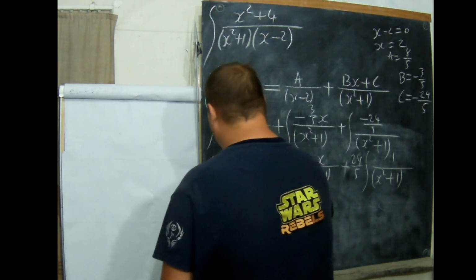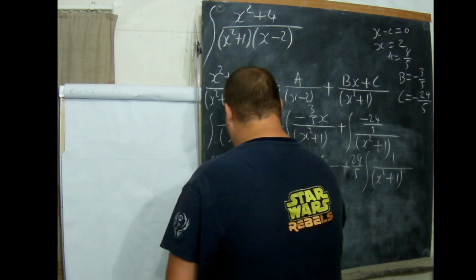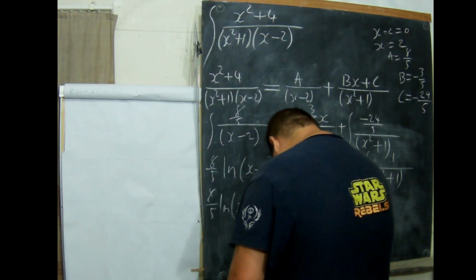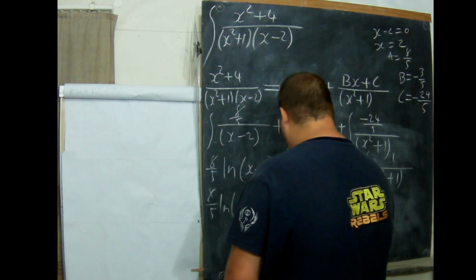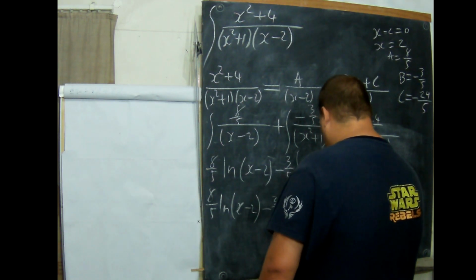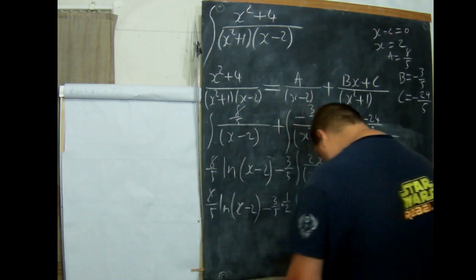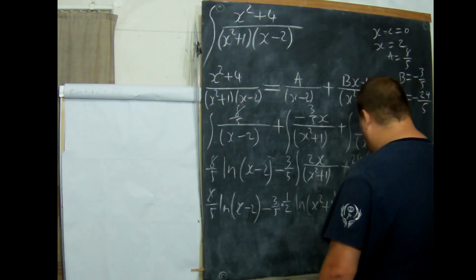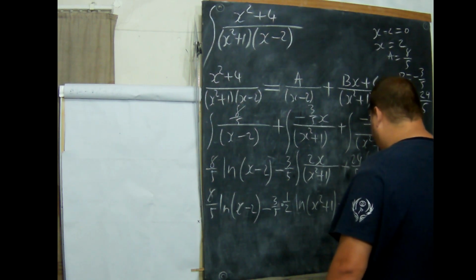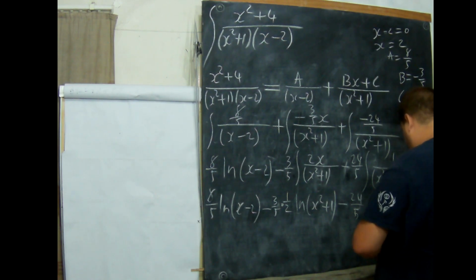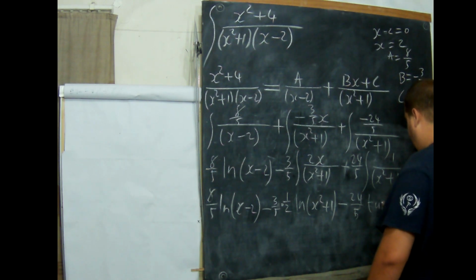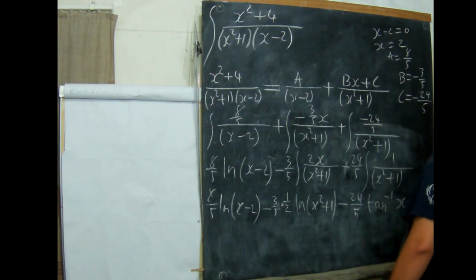Okay, so this is 8 over 5 ln x minus 2, minus 3 over 5 times a half ln x squared plus 1, and then this will be minus 24 over 5 tan to the minus 1 x plus c.